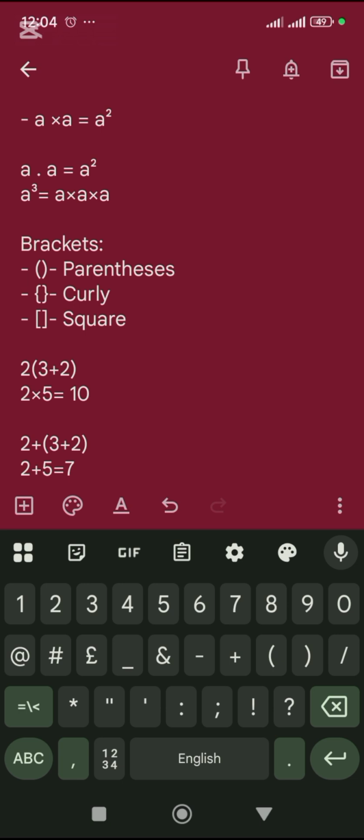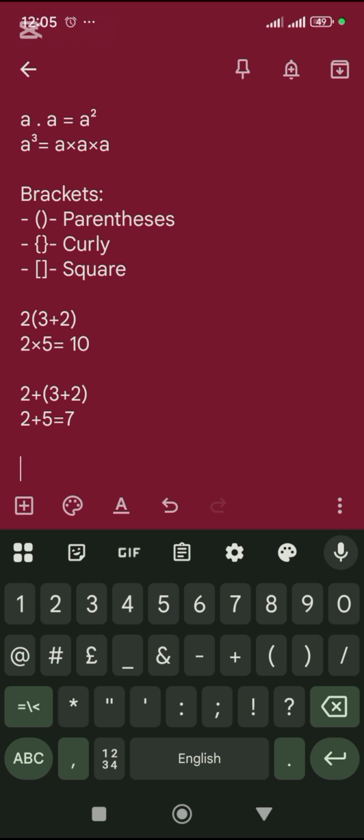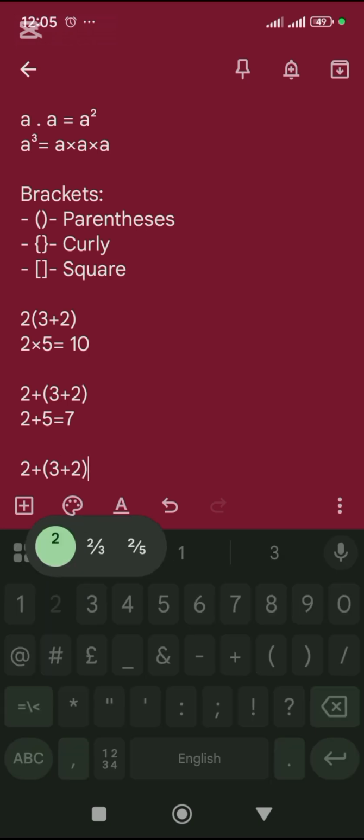Okay, so we can also have cases where this bracket comes with a square involved, let's say you have something like 2 plus open bracket 3 plus 2 close bracket, and then a square.